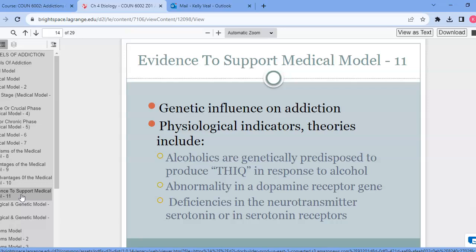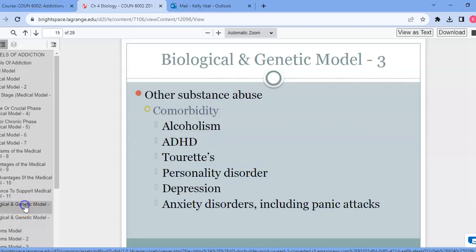I don't care what anyone says, someone coming off drugs and alcohol needs psychotropic meds to make it easier on them, because they're depleted and it really sucks and they don't feel good. And if you don't feel good, why wouldn't you use again? I mean, hello. Okay. So biological and genetics, right? We're into the genetic model.